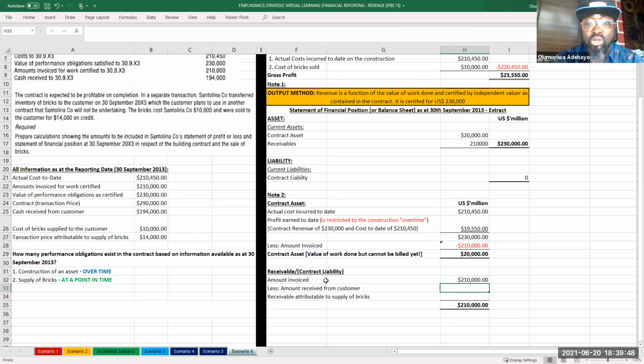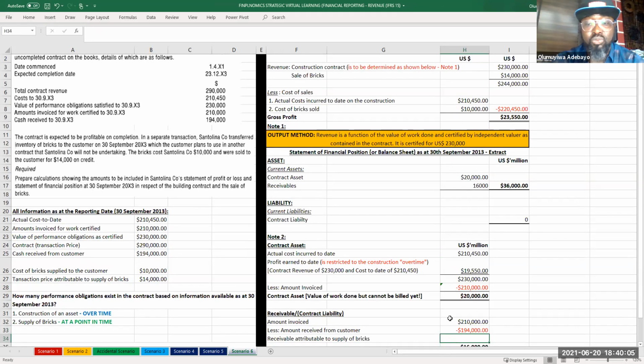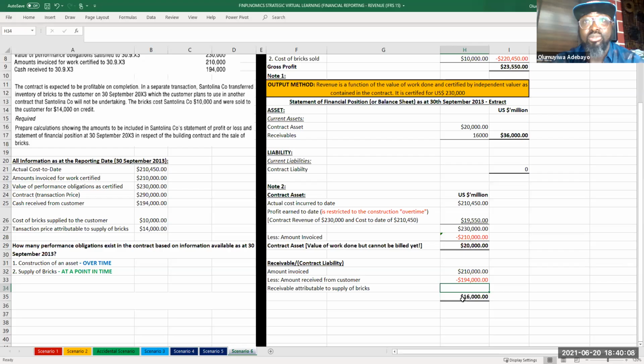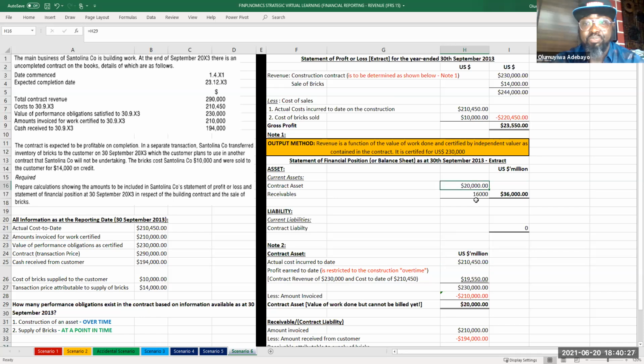Now, 210 was invoiced, less amount received from customer. How much was received from customer? We received 194. Now, technically, 16,000 is receivable. Are you getting it now? Yes. Okay, 16,000 should have been our receivable. Is that not? Yes. Okay.